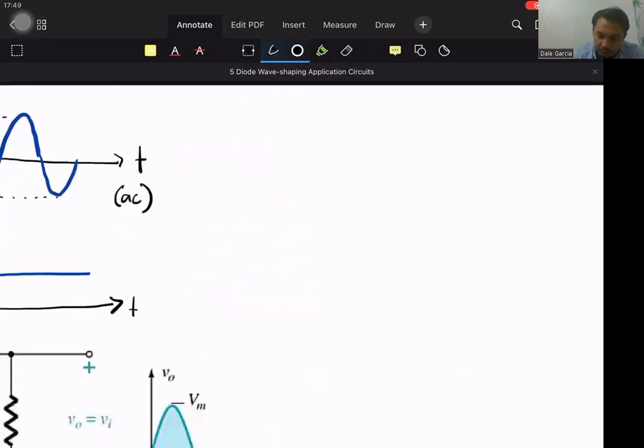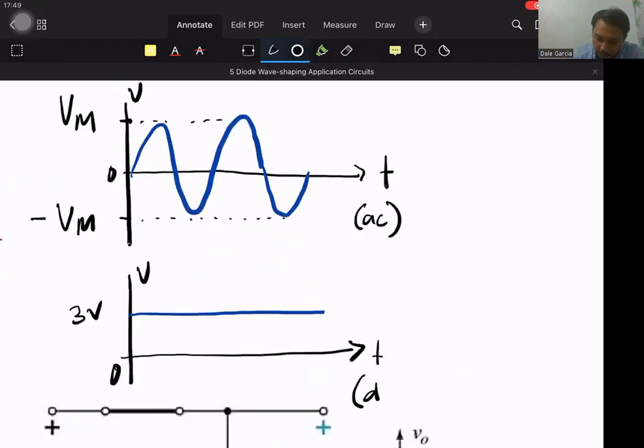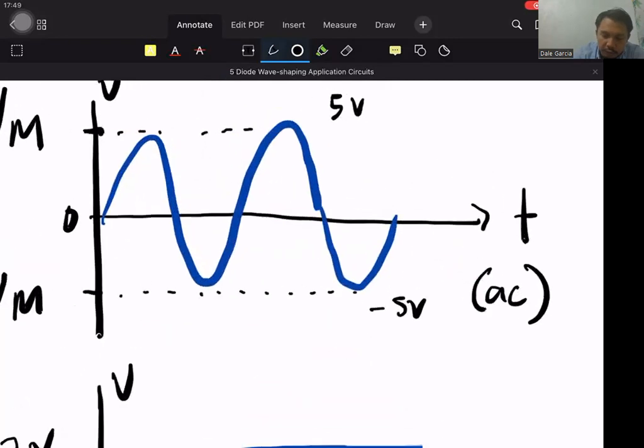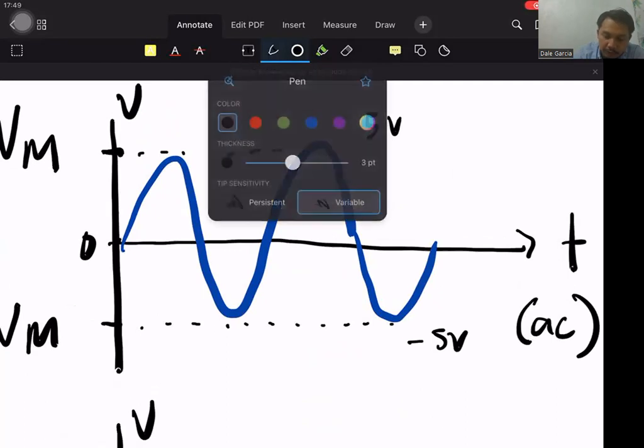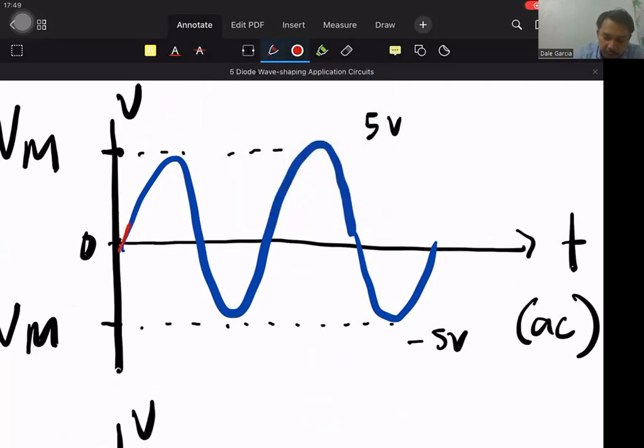So unlike the DC source, the AC source not only fluctuates, but increases and decreases in value. Again, what if our maximum voltage value is 5 volts positive and negative 5 volts negative? From 0, it increases in value up to 5: 0, 0.1, 0.2, 0.3, 1 volt, 2 volts, 3 volts, 4 volts.